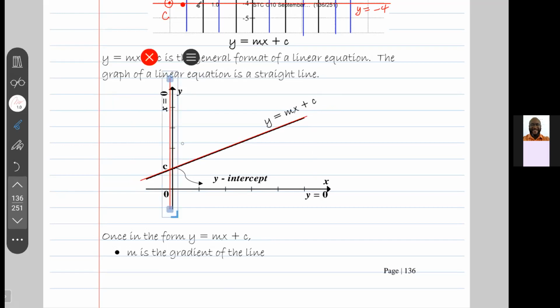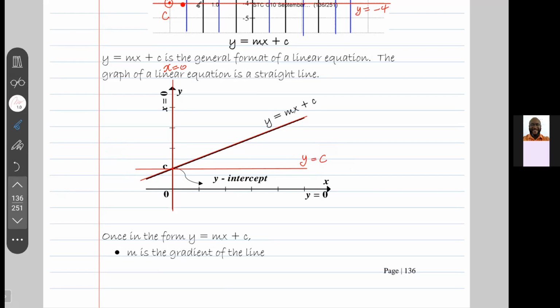This is the vertical line, x is equal to 0. This is the horizontal line, y is equal to c. Why c? Because it passes through c on the y-axis.